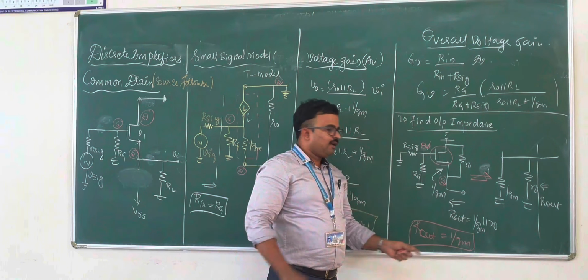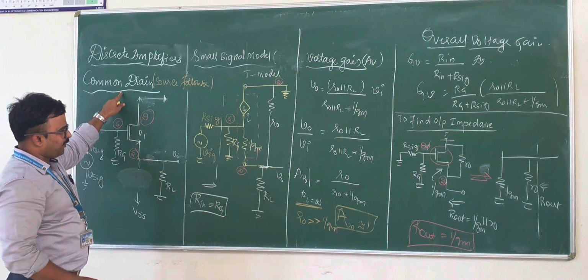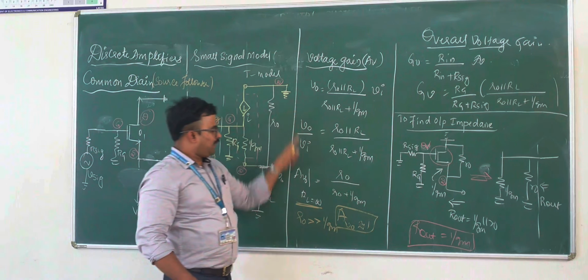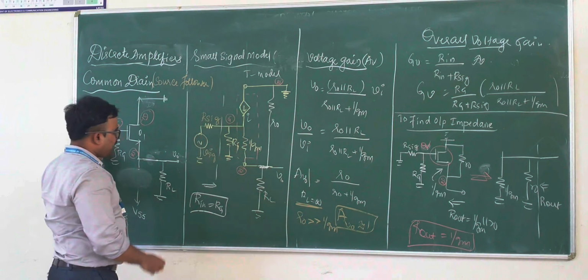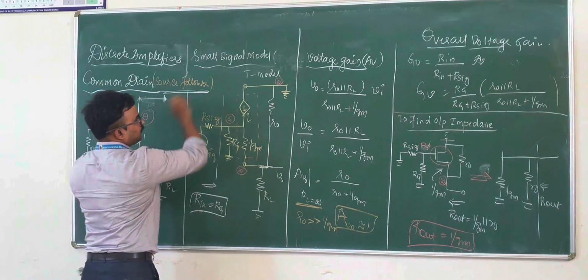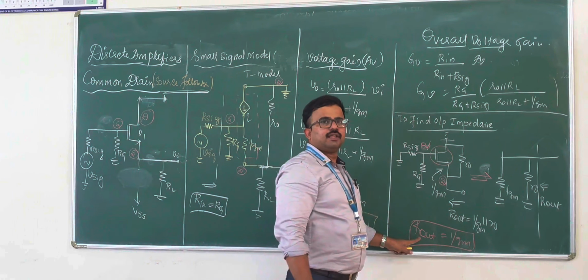And finally, what do the parameters say? The common drain amplifier's input impedance is very high. The voltage gain is 1, so whatever input you give at the gate, the output follows the input. Therefore it is called the source follower. The output impedance is very low.